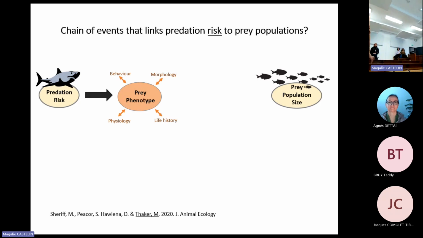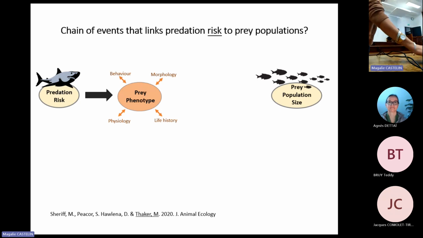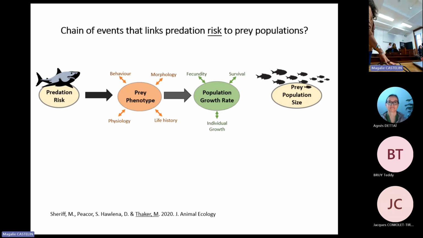One is right here at the individual response, right? The prey phenotype changes in response to risk of predation, not being eaten, because if you're eaten, you're done. That change in phenotype should affect fitness metrics, like fertility, survival, or growth, which then influence population growth rate.